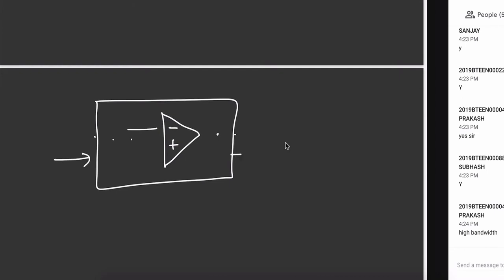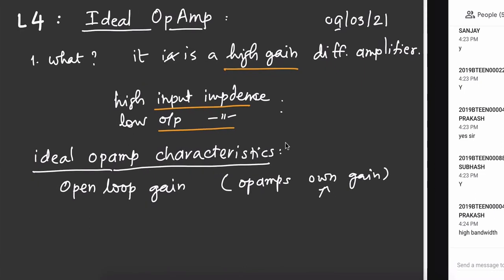Using op-amp, we are not using it as it is, but we will be building some circuit. So the circuit's gain will be different, but the op-amp's gain will be its own gain. We are interested in op-amp's property because we are writing down the op-amp characteristics. So we are writing down the open loop gain of op-amp. In the book it is written as open loop gain, but open loop gain is op-amp's own gain. Did you understand this?